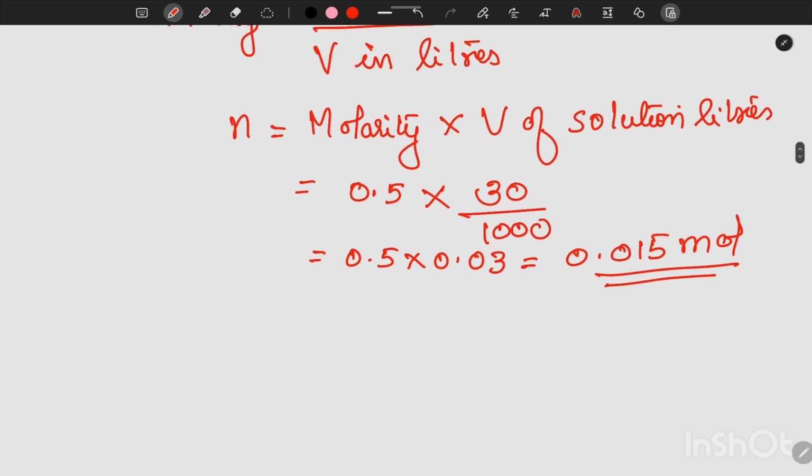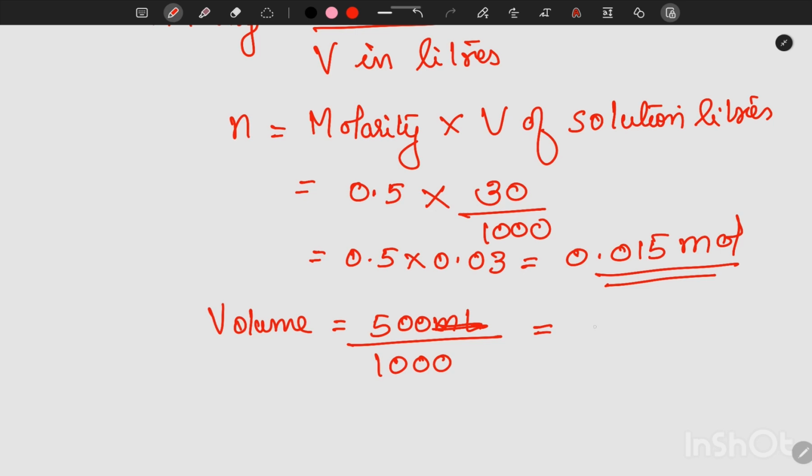Then second case, it is diluted to 500 ml. So volume is equal to 500 ml. We can convert into liters by dividing by 1000, so ml will be converted to liter. So you will get half liter or 0.5 liter.